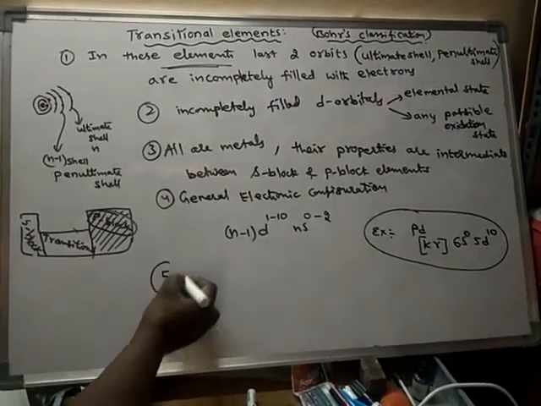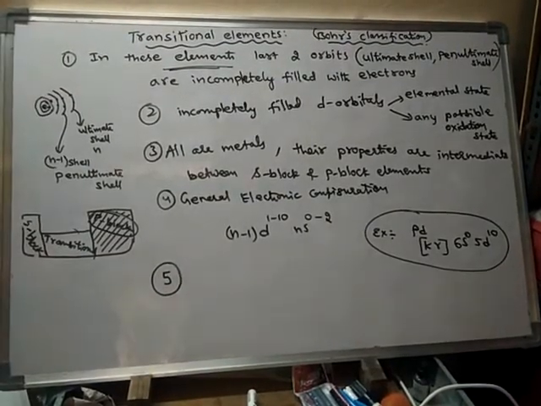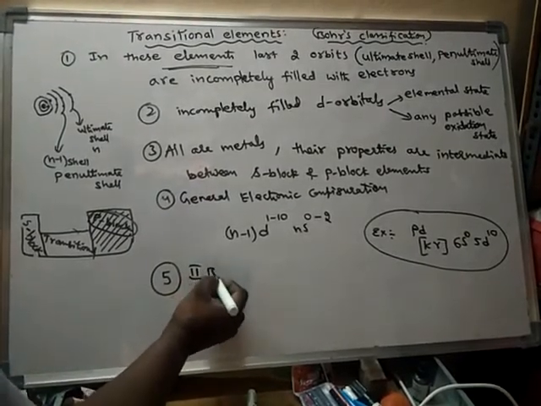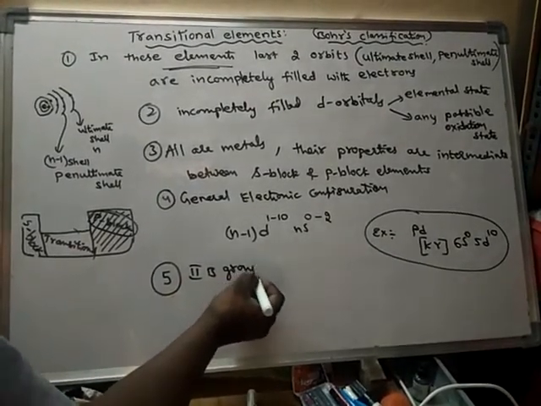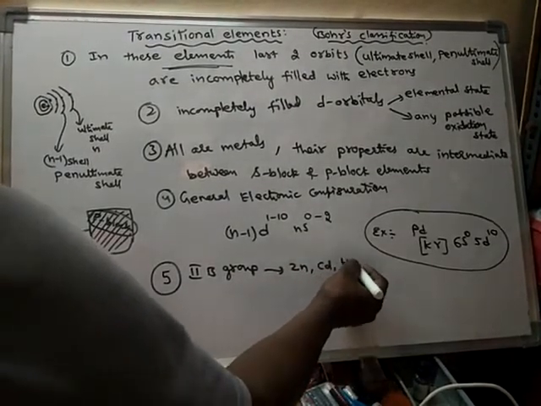Next, second B group elements are not transitional elements. What are the second B group elements? Zinc, cadmium, mercury.